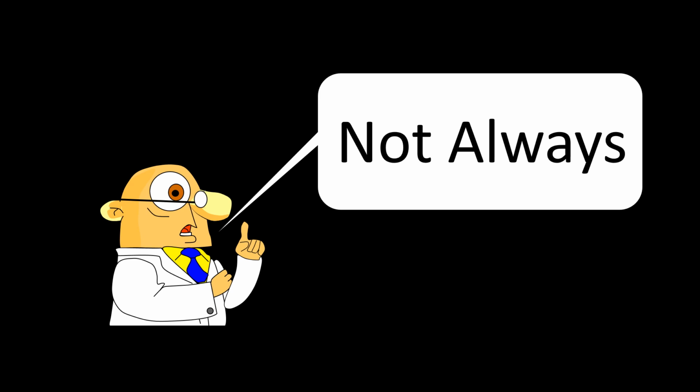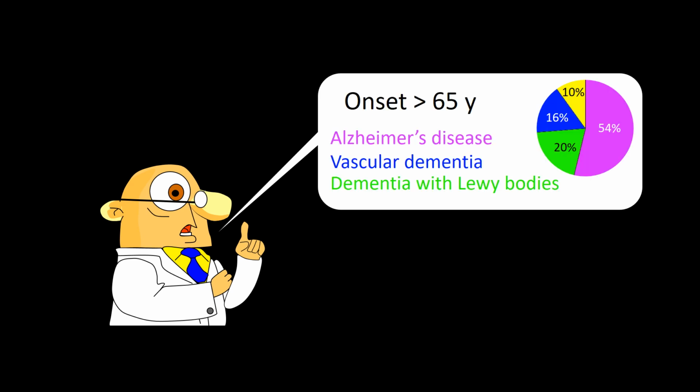According to others, not always. The latter group of practitioners feel that in an older adult in whom you are certain they have AD, vascular dementia, or dementia with Lewy bodies, an LP does not have to be done routinely.